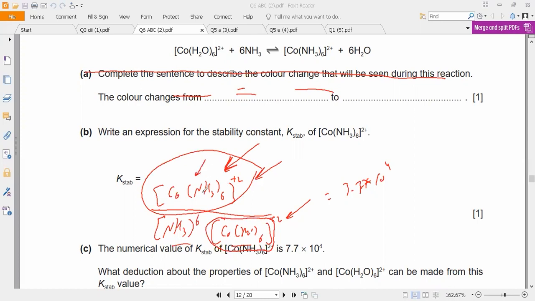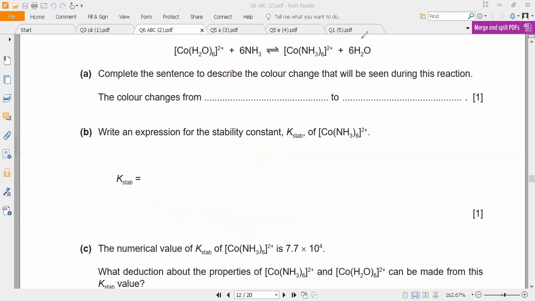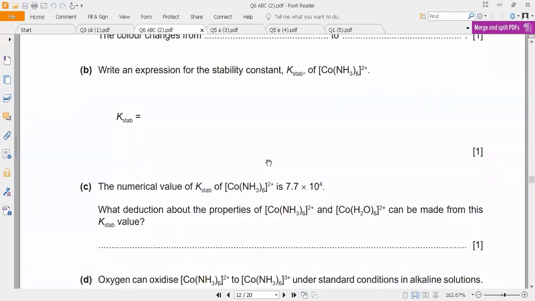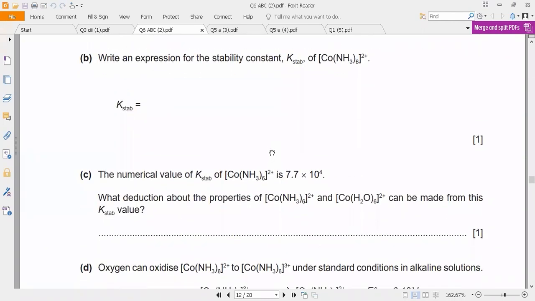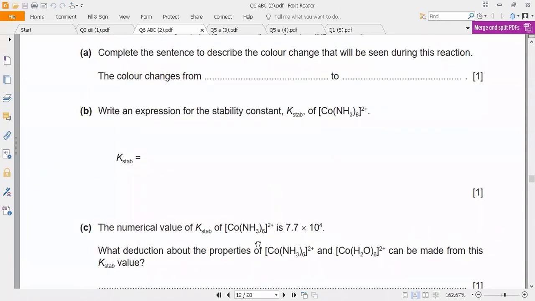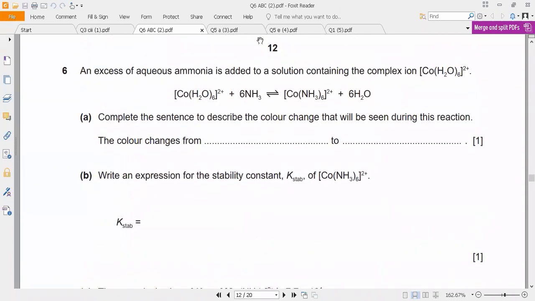So this complex is more stable, and the reaction lies more to the right side, to make this a stable complex. I hope, guys, this is clear for you. So yeah, the question about Kstab here is over. We are moving, guys, to a different question.